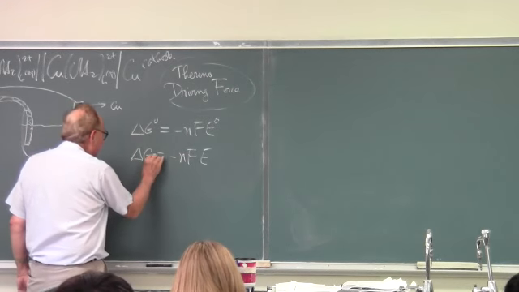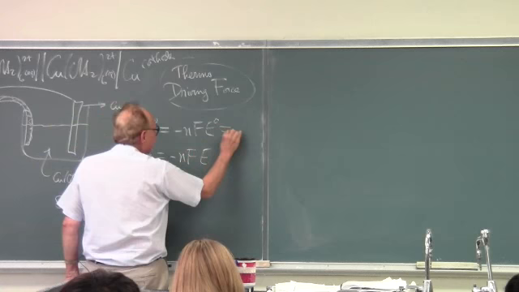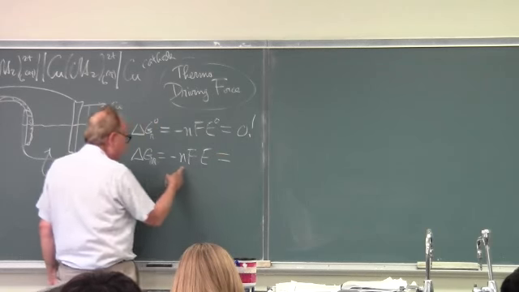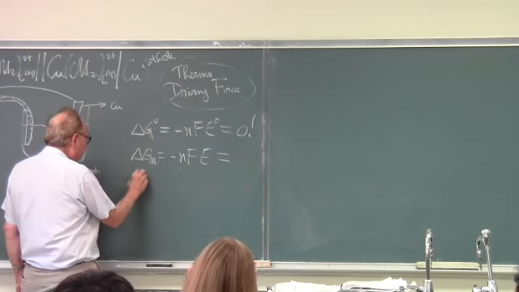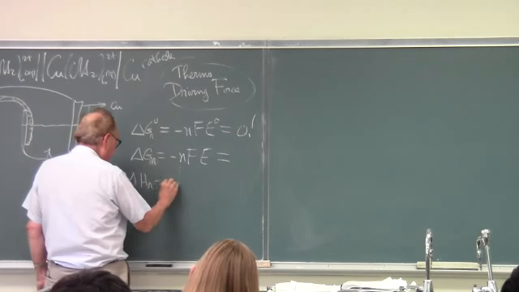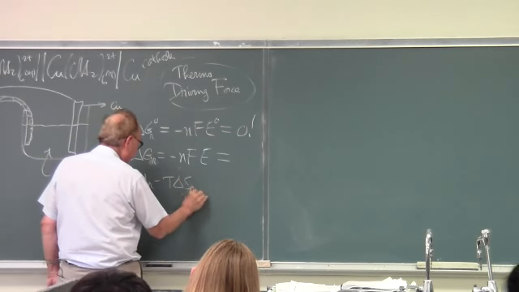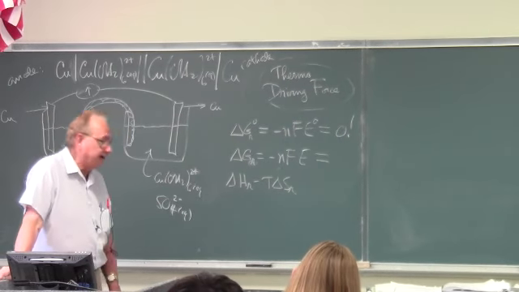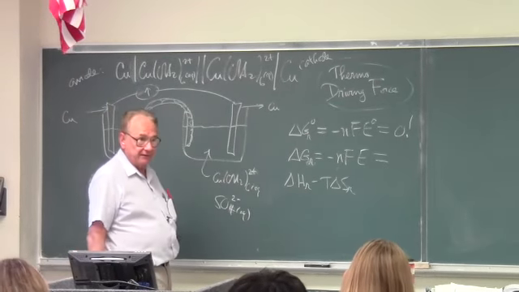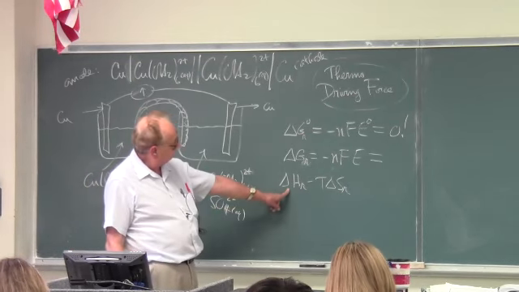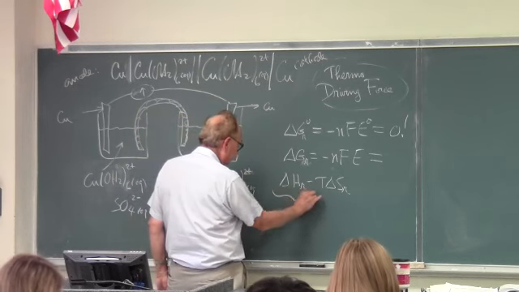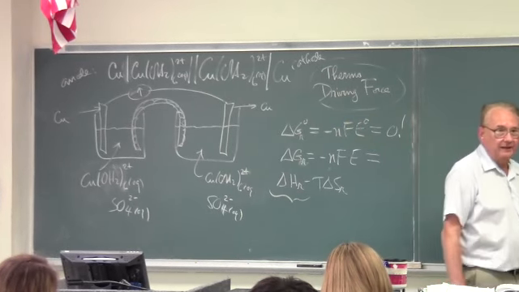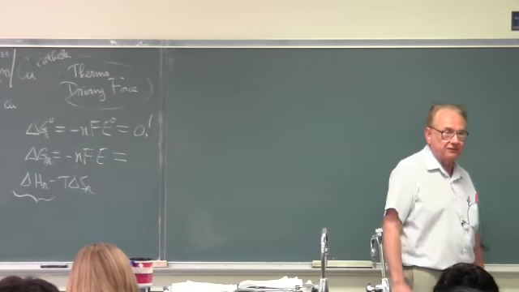So it's got to be delta GR. Now delta GR is equal to, besides minus nFE, the change in enthalpy for the reaction, minus T delta S for the reaction. How about this? Can delta HR be part of the driving force for a concentration cell?